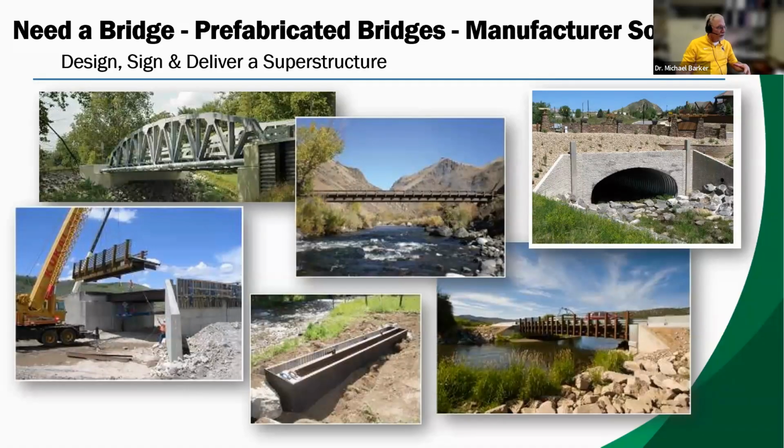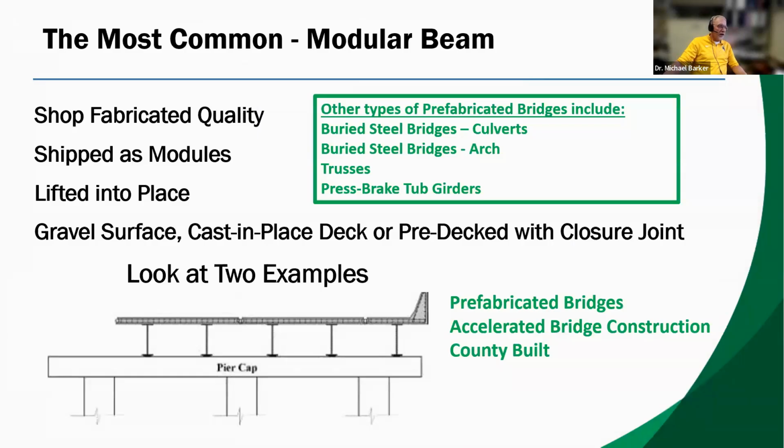And of course, we deal with trusses and modular rolled shapes and even some accelerated bridge construction abutments, like down there at the bottom middle, or maybe that buried steel bridge up at the top right. And I'm going to look at the modular beam bridges. Now, my little box here in the green says, yeah, there are other types of prefabricated bridges that include buried steel bridges culverts, buried steel bridges arches.